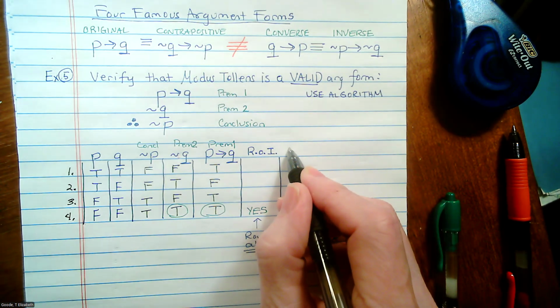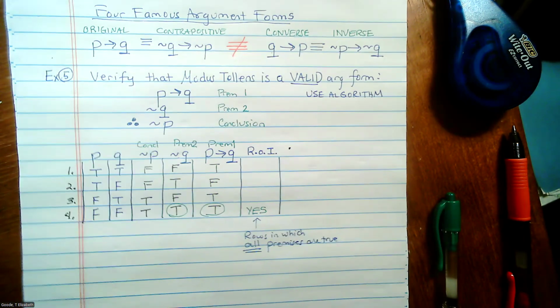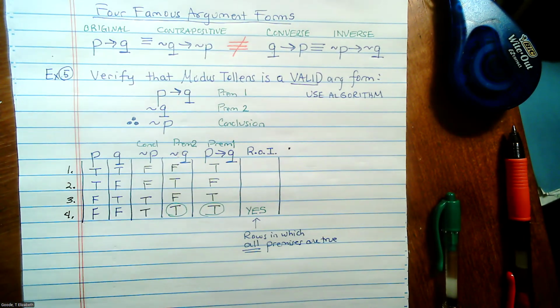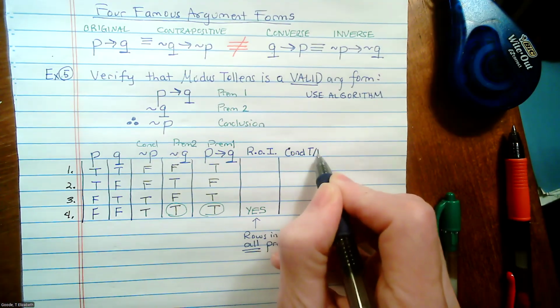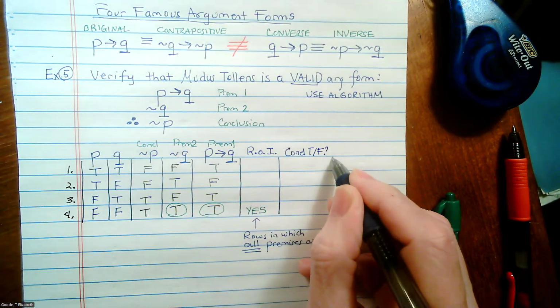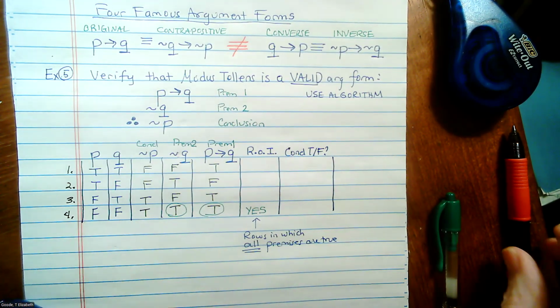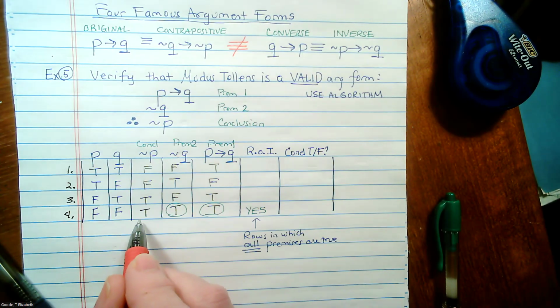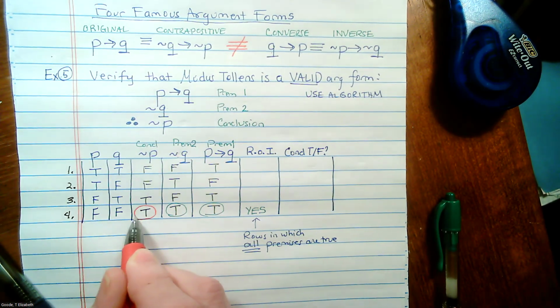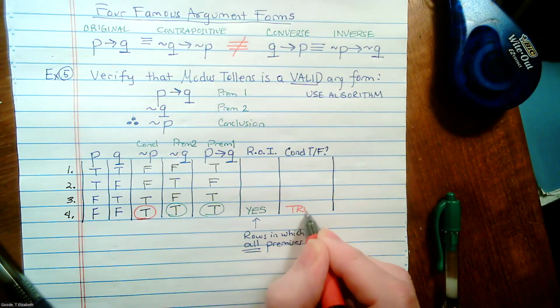And now we're going to find the truth value of the conclusion in the rows of interest. So let's look at the conclusion. Isn't it nice that we have our columns labeled? Yep. So the truth value of our conclusion is true.